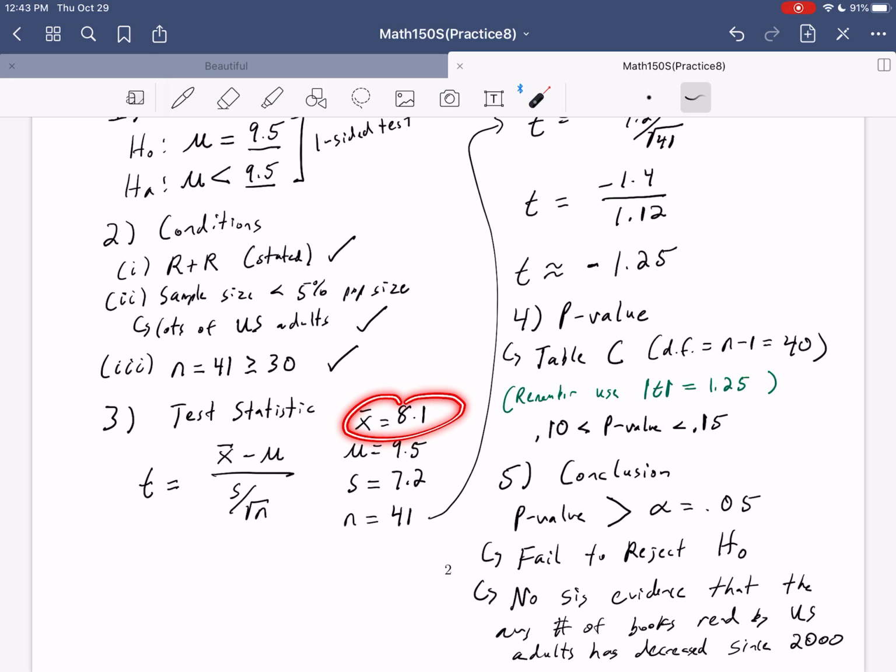There's no denying that the group of people we looked at had a lower average, but it's not low enough to say that something has fundamentally changed. In other words, they were close enough to 9.5 to believe that them as a group of 41 people was well within normal variation. So we failed to reject H0, and anytime you fail to reject H0, you always begin by saying no significant evidence, and then you just state whatever your claim was.